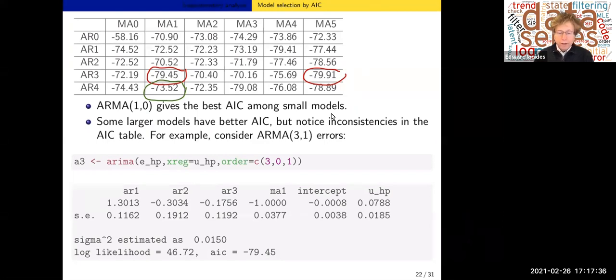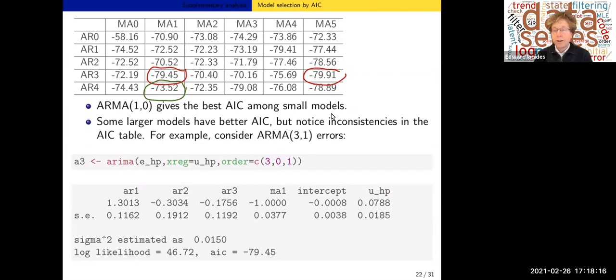So, well, let's see what's going on with our regression with ARMA(3,1) errors. We can fit the model, and we get an MA1 of -1. This should be reminiscent of the previous analysis we did of the Huron depth data when we fitted a larger ARMA model and got a fitted model that was on the edge of invertibility.